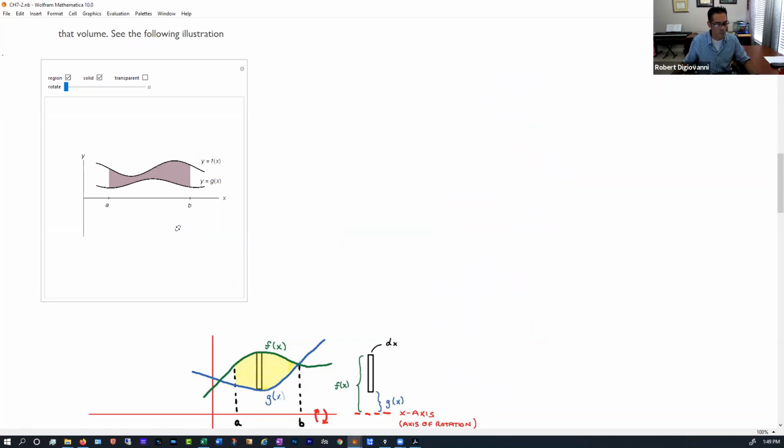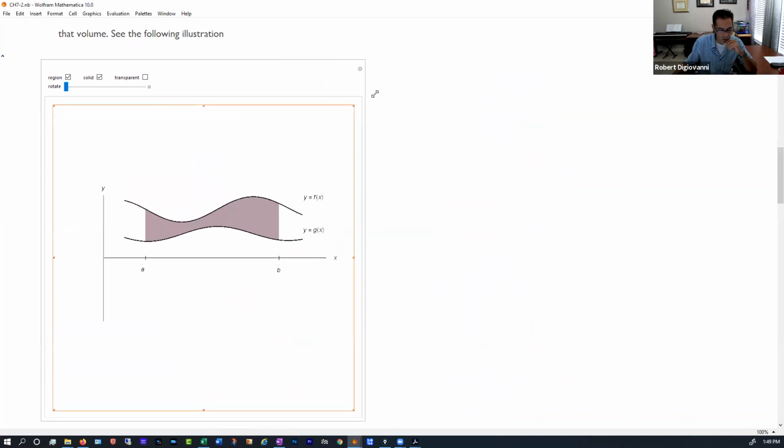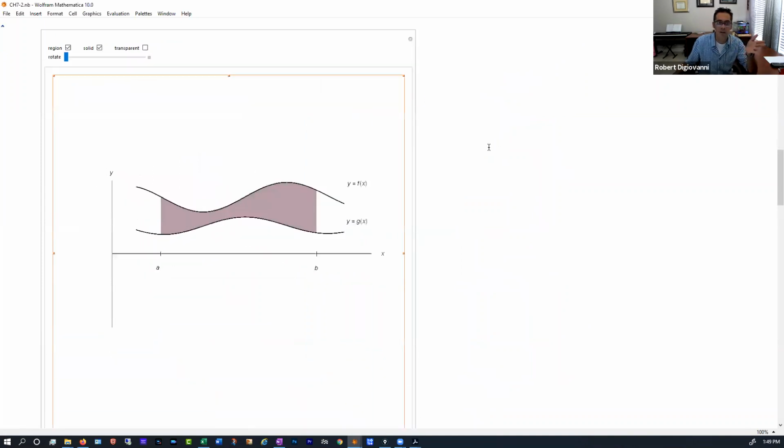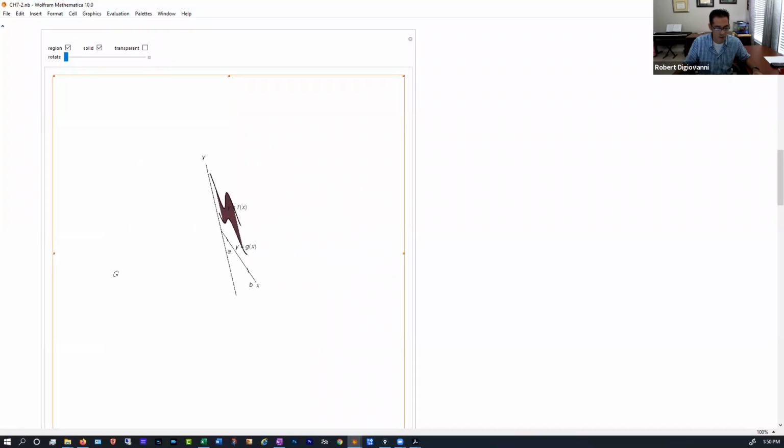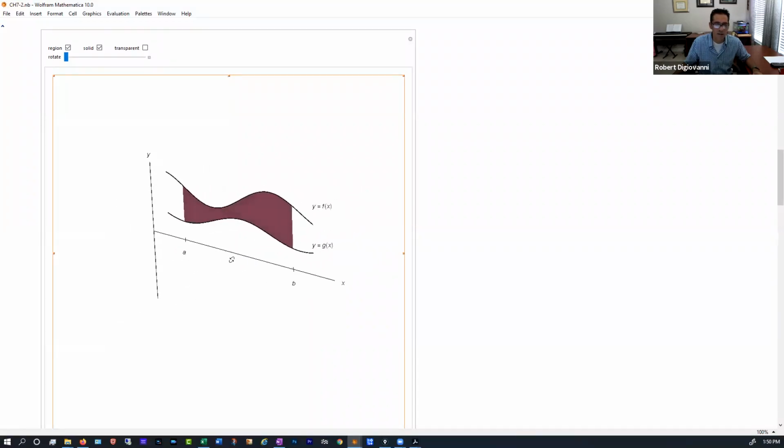All right, so look, what we have here is nothing new, right? We have the area between two functions. These are both functions of x, agreed? What we want to do now is something very strange. We want to imagine that this two-dimensional picture is in three-dimensional space, which means we want to see that it's living in 3D.